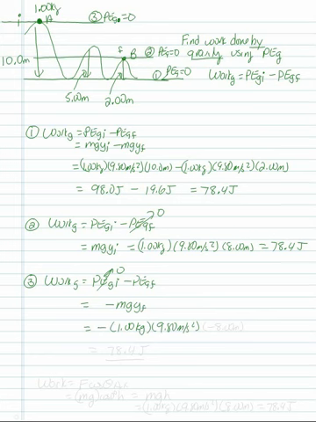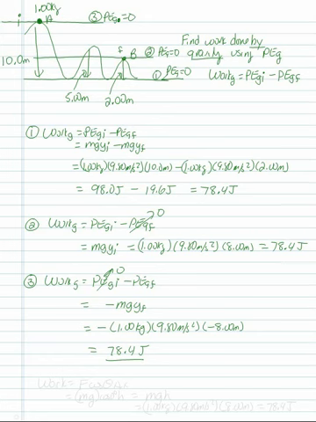The whole potential energy is negative, but it's easier to think about it. Since you have to go up, the height change from B to A is negative 8 meters, because you're going up, and you still get 78.4 joules.